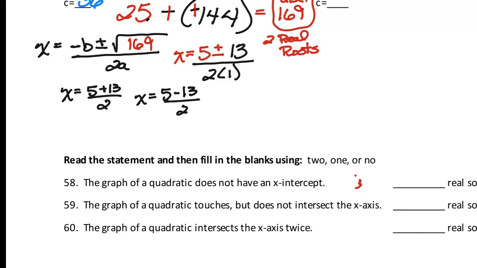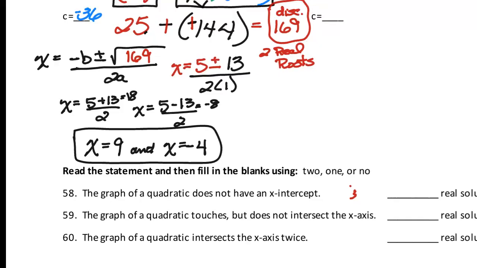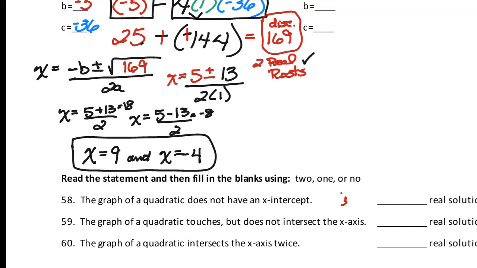Well, 5 plus 13 is 18. 18 divided by 2 means x is equal to 9. That's my first value. And 5 minus 13, that's negative 8. Negative 8 divided by 2 means x is equal to negative 4. We said we were going to have 2 real roots, and indeed we do.